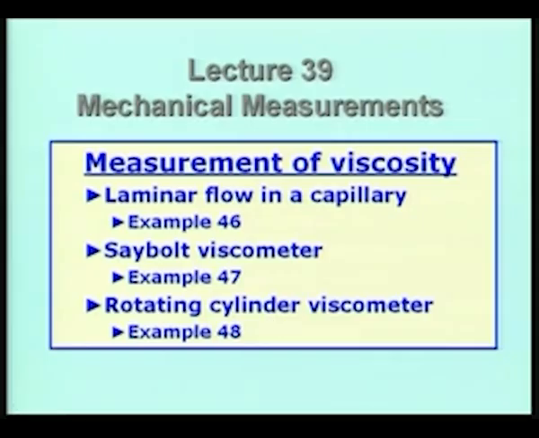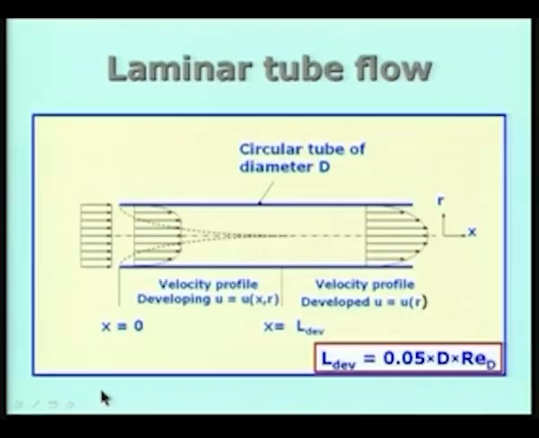So we will try to understand the underlying principles as well as present examples to get an idea as to the kind of numbers which are involved in such apparatus. The laminar flow in a tube is taken as the model for the first method.